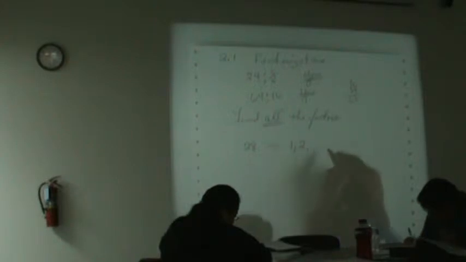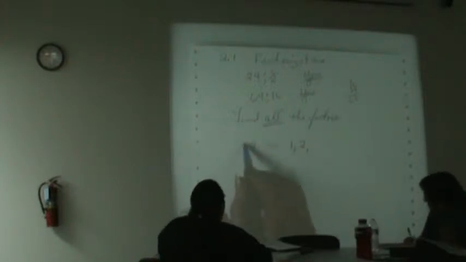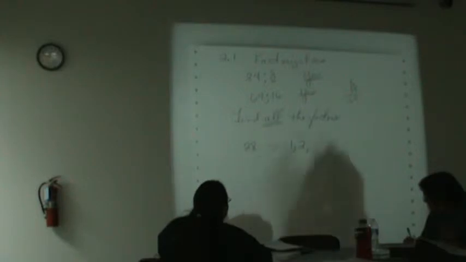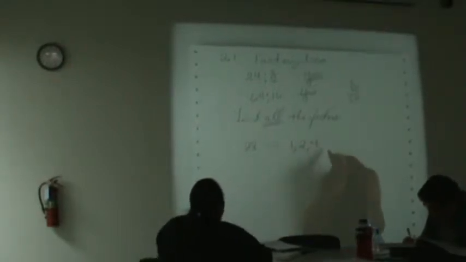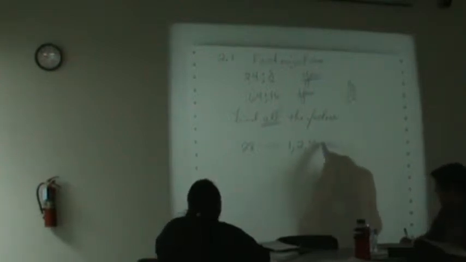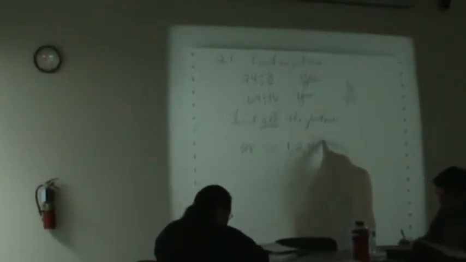Does 2? Yes. 3? 2, 8, 10. Remember, you add the digits to see if 3 will go into it. It's 10, so 3 will not go into that. How about 4? Yes. It's 4 times 7, right? 5? No. 6? No. 7? Yes. That was 4 times 7, right?